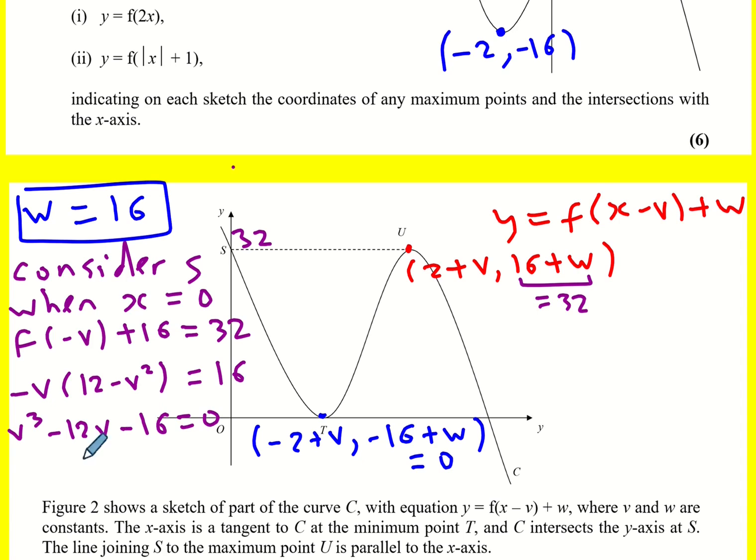Now, there's 2 options. You can either substitute numbers in to try and make this equal to 0, and then you'll get a factor, or you can actually look over here, and if v was equal to minus 2, then we would get that the function was equal to 32, and this would actually be over there.